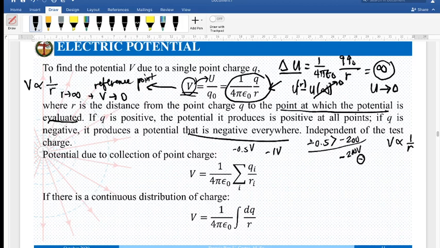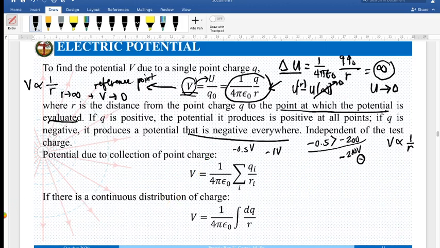That is, negative 200 is less than negative 0.5, which means that if you move away from your negative source charge, its electric potential increases based solely on the negative sign. Okay? But this does not violate the fact that V is inversely proportional to 1 over R. This is just based on infinity.